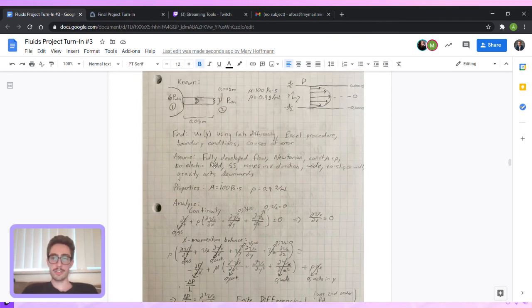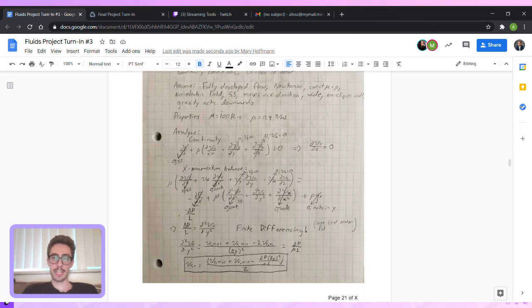And so to do this, we're going to take a look at the continuity equation and x momentum balances again, and find this second order differential equation, which we can then plug into the second order finite differencing formula, and then solve for Vx of n. So this is the velocity at any node within the flow, and this is dependent on the nodes around it.